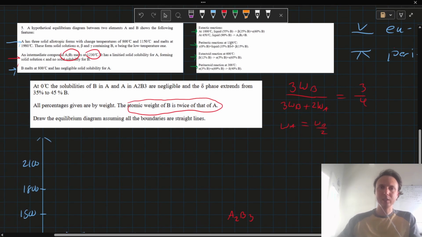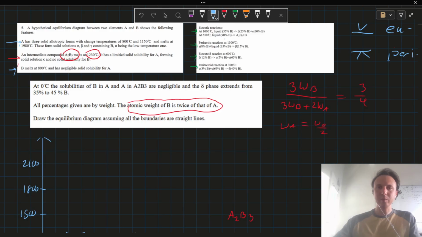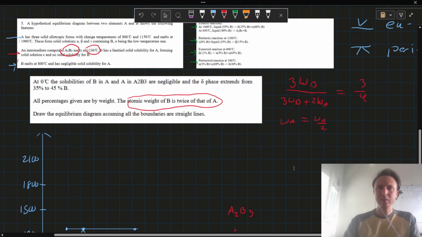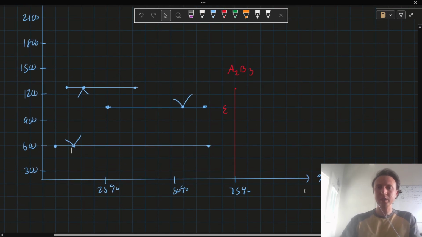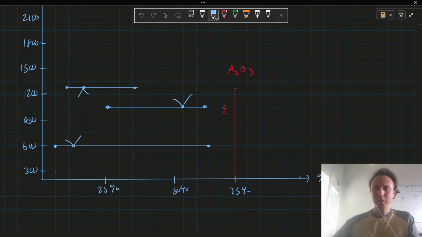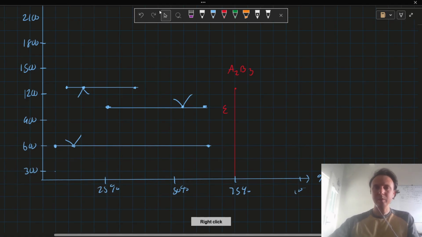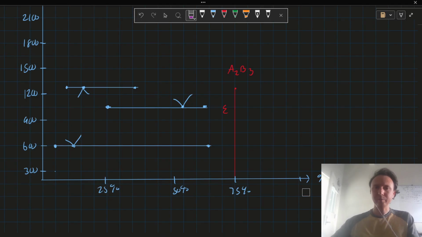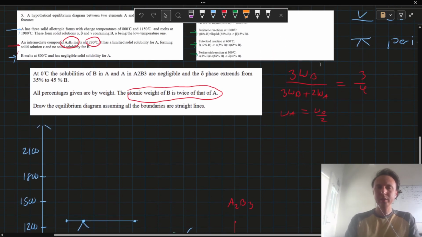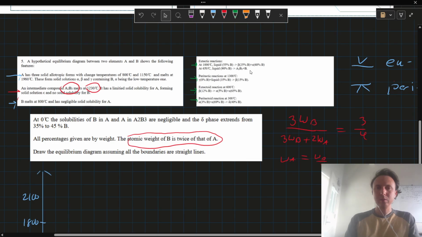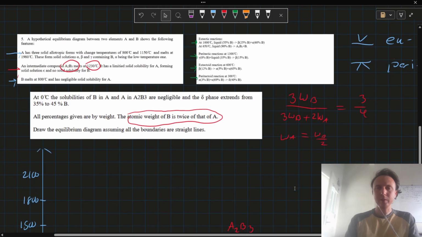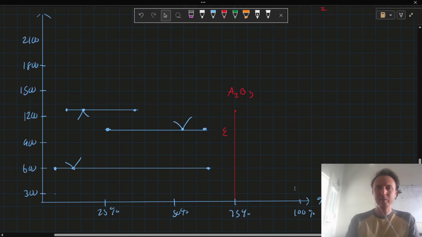So at 650 Celsius, we're going to have 90%, then these two compounds. So we'll say pure B is out here. So 100%. So 90%, 75, 100 at 650 Celsius.